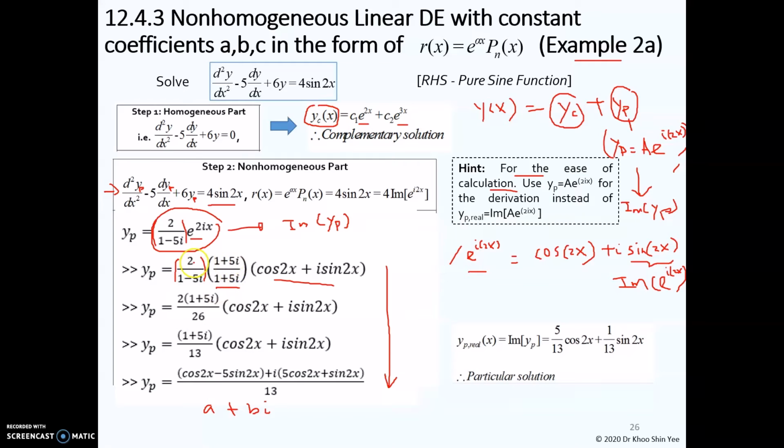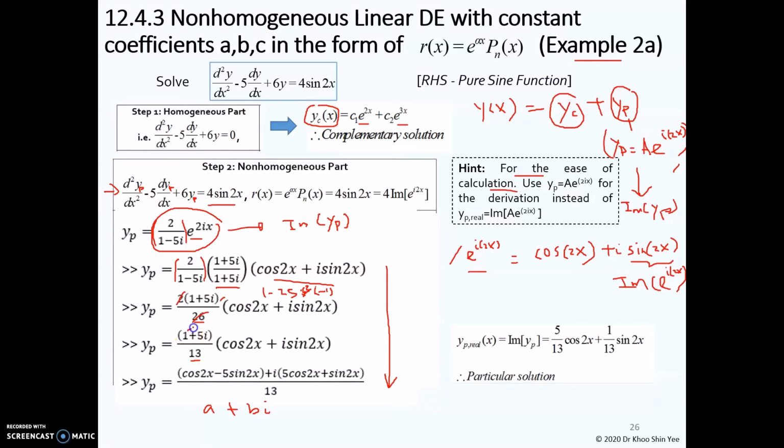At the top you have 2 multiplied with the 1 plus 5i, which is this term. So 1 minus 5i multiplied with 1 plus 5i, you obtain 1 minus 25 i square. i square is equal to negative 1. Therefore, the summation is equal to 26. 2 divided by 26, you obtain 1 over 13.